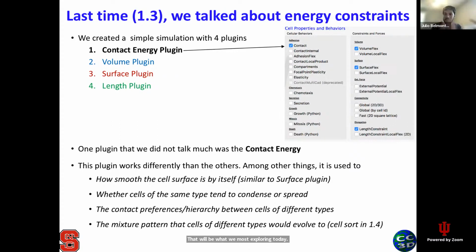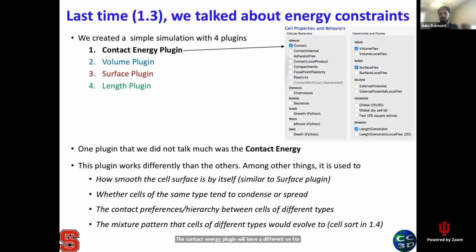And the other thing the contact energy can do is set a contact preference, or hierarchy of preference, between cells of different types. So if you have a simulation of many cells of different types, like in the cell sorting simulation, the contact energy plugin will have a different value for each pairwise interaction between different cell types, and also between cells of the same type.